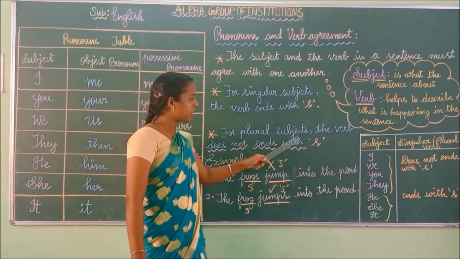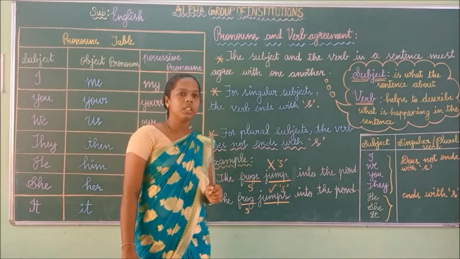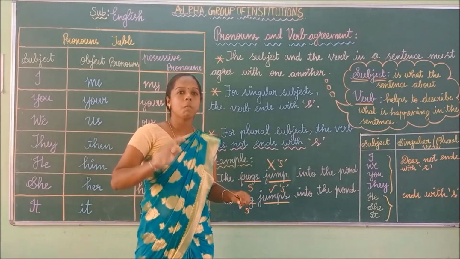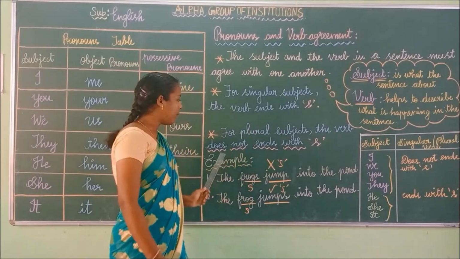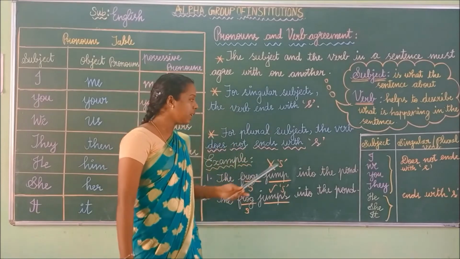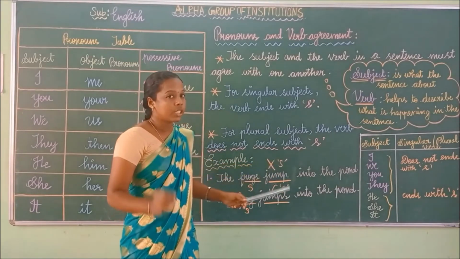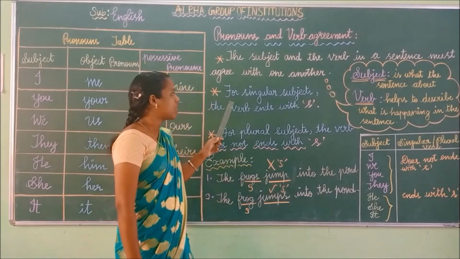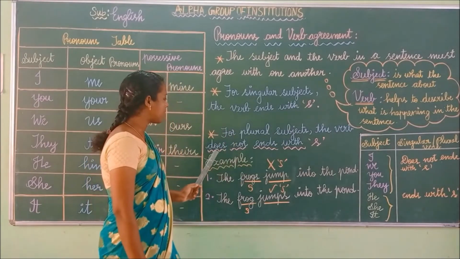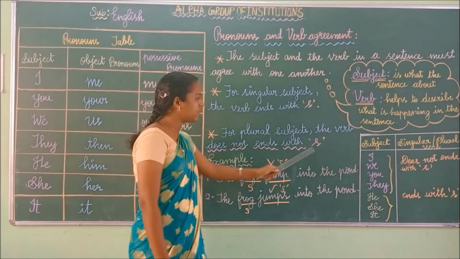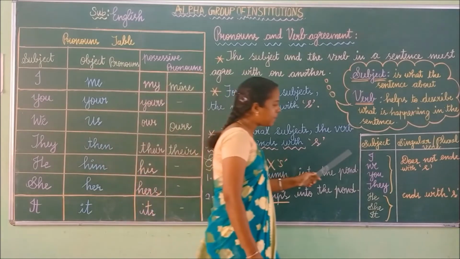For plural subjects, children, what are plurals? Plurals are nothing but more than one. For plural subjects, the verb does not end with "s". Children, listen carefully. For singular subject, the verb ends with "s". For plural subject, the verb does not end with "s". See the table.